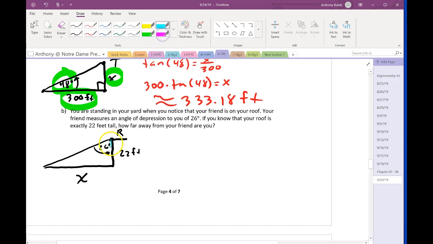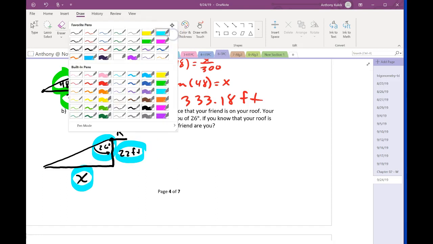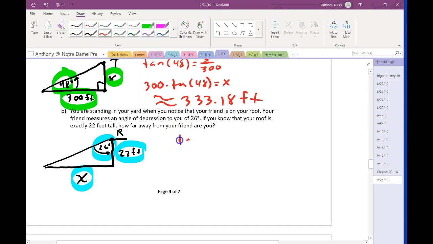So, using the angle that I know, relative to this angle, I'm concerned about opposite and adjacent. So the trig function I should use is, once again, tangent. And I know tangent is opposite over adjacent. So to solve for x, I'll multiply both sides by 22.